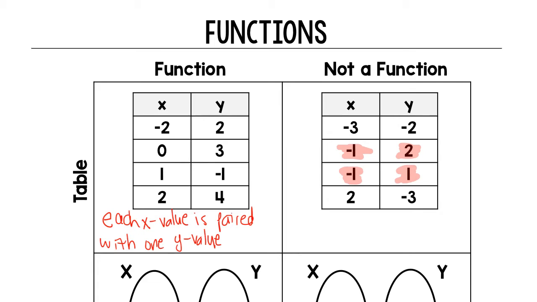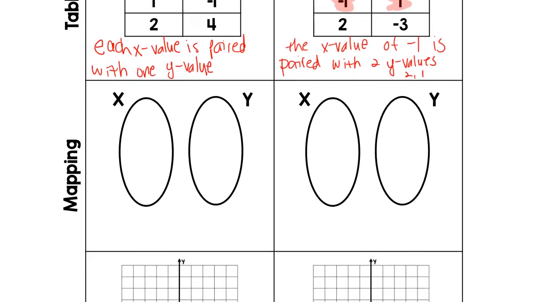So not a function, the x value of -1 is paired with 2 y values, 2 and 1. Okay, so yes, a function, every x value has a different y. No, not a function if x is repeated.